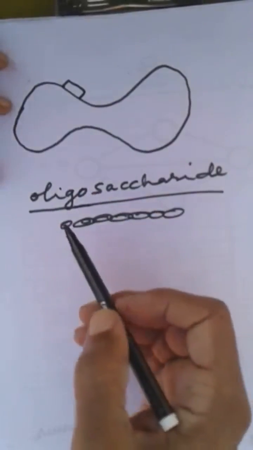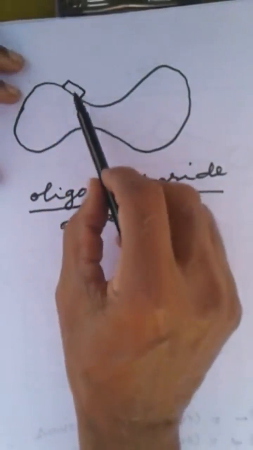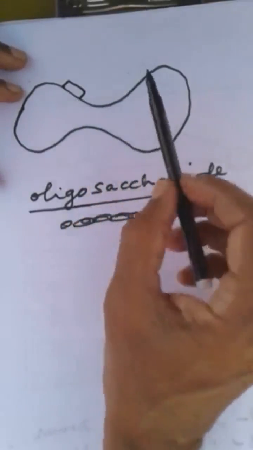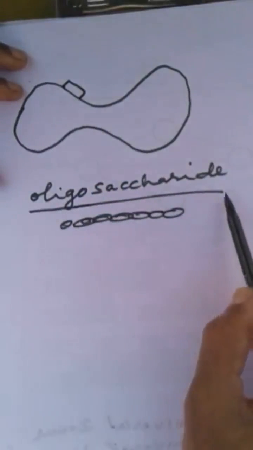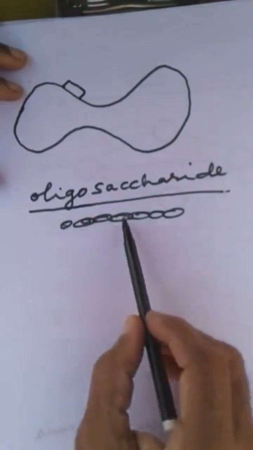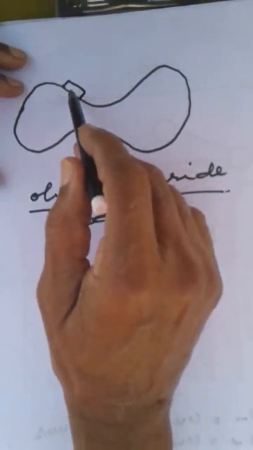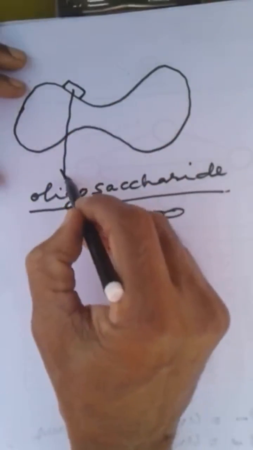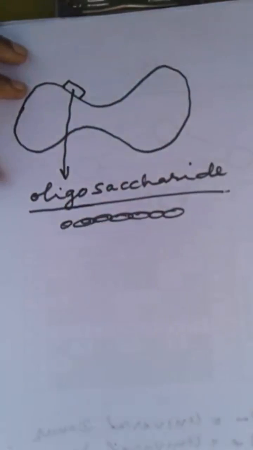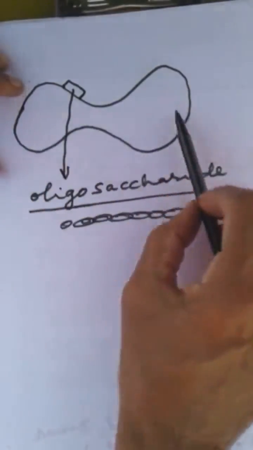We have already noticed that oligosaccharides are accumulating on the surface of the red blood cell. Oligosaccharide means a few sugar molecules combined together. That is step number 1. This is already there in the red blood cell.